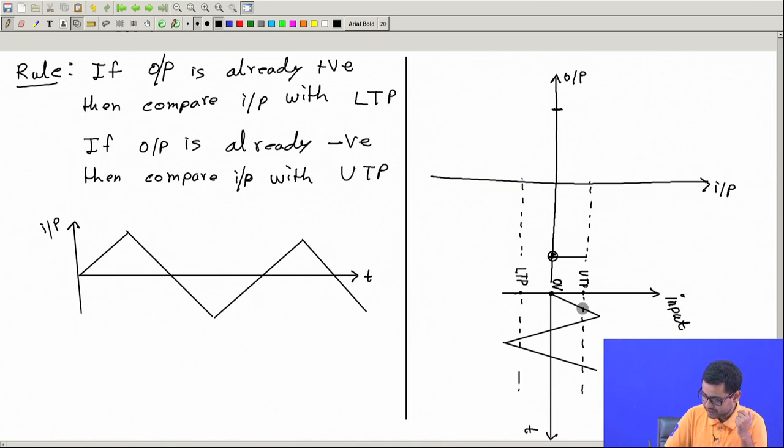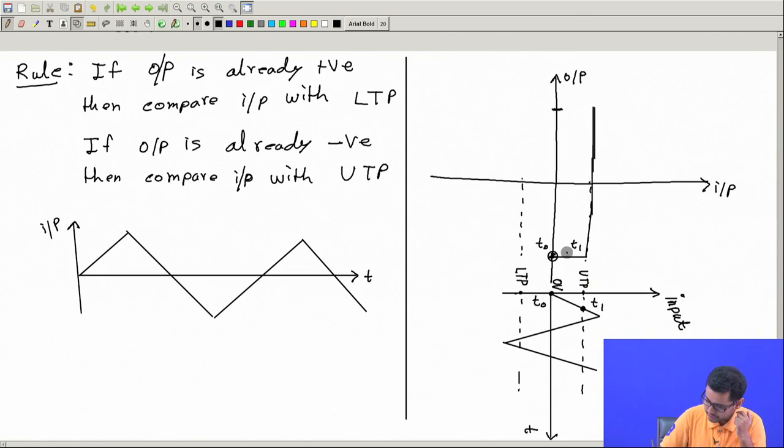Call this t0, and call this t1. At this moment t1, the input reaches the upper trigger point, so the output will become instantaneously positive. It will go from negative to positive immediately.